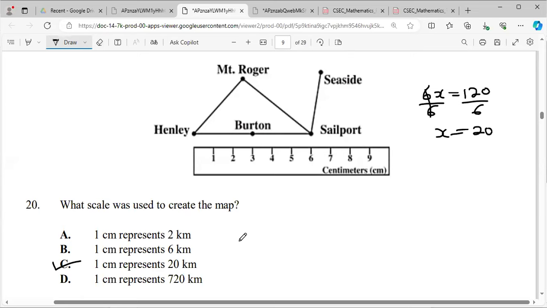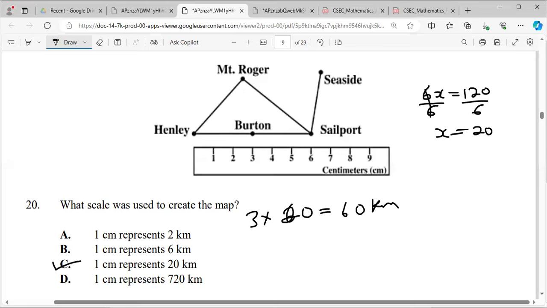The actual distance is 60 kilometers. Yeah, I agree. Because it's 3 times the 20, right? Because 1 centimeter doesn't represent 1 exactly, it represents 20 kilometers. So it would have been 60. So you are correct. That's all it goes.